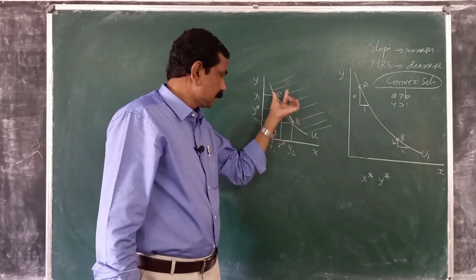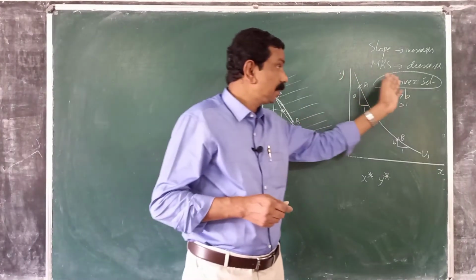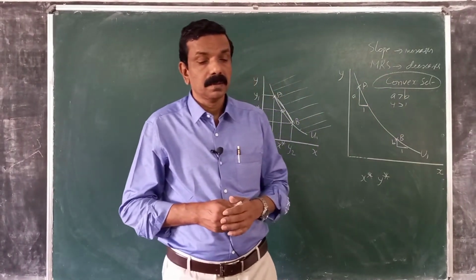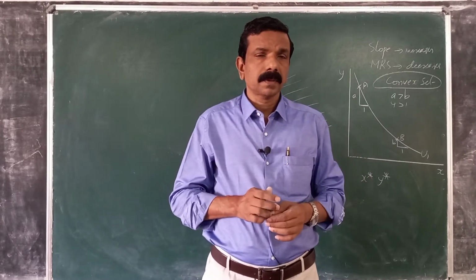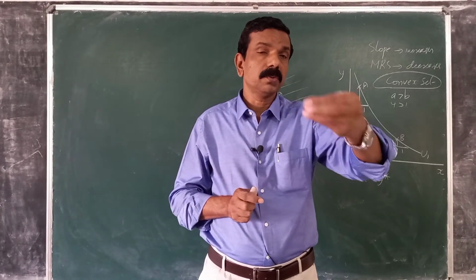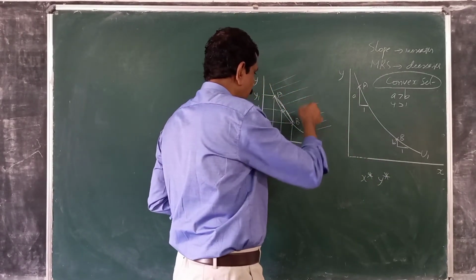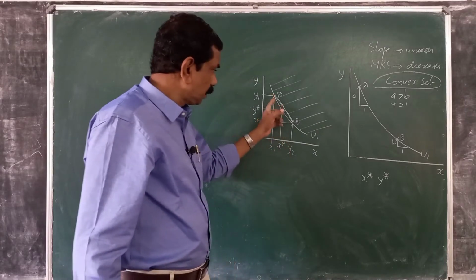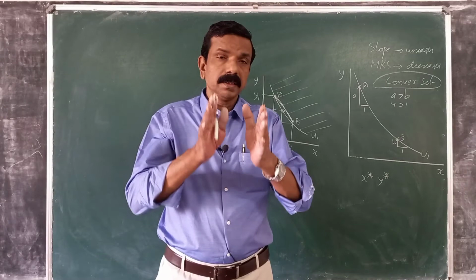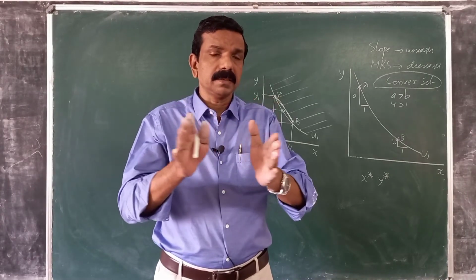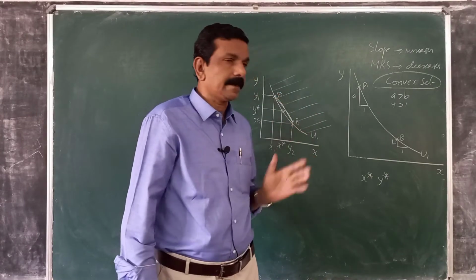So this is a convex set and it is equivalent to the statement of diminishing MRS. And remember this, if you take any two combinations A, B or any other combination, and if you join these combinations with a straight line, this straight line is also contained in this set, in this shaded area.